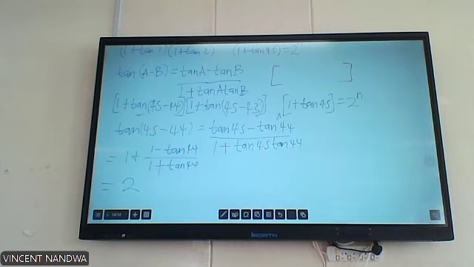Then find the last bracket, and then you will play with this other bracket. 1 plus 1 up to 1 to 3. How can you relate it?